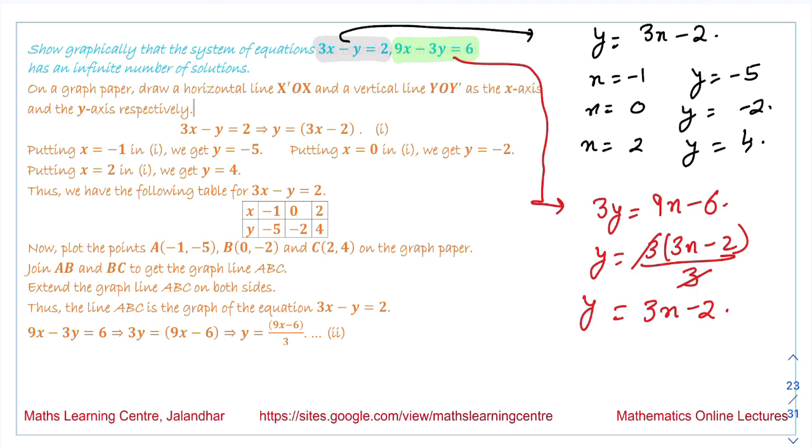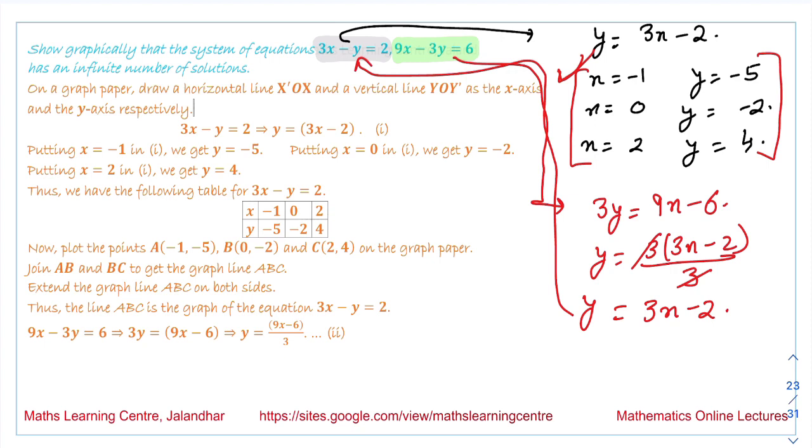So one thing is clear to us, that both these equations are actually the same. In place of finding the values of y at these points, you can use these same points also to say that both of them represent the same line.